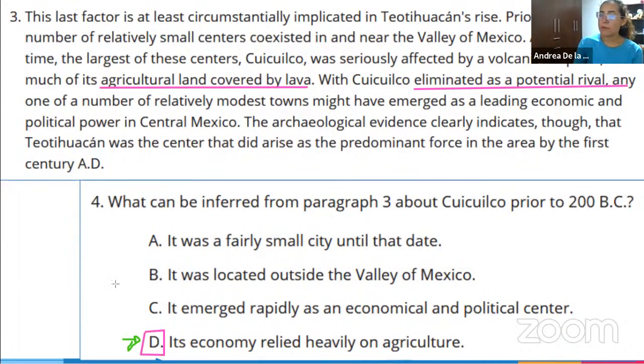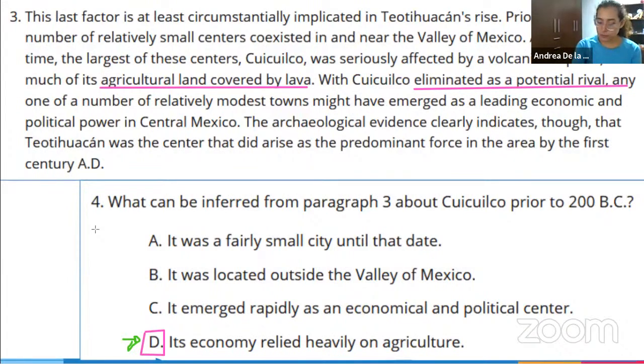Now, what steps do you have to follow when you answer these questions? First thing is you need to understand that in order to draw any inferences, any conclusions about, let's say they're asking here about Quiquilco prior to this time, you need to know what information you have about that, right?